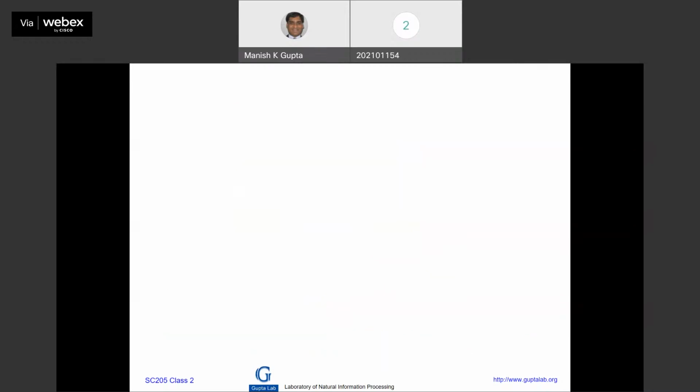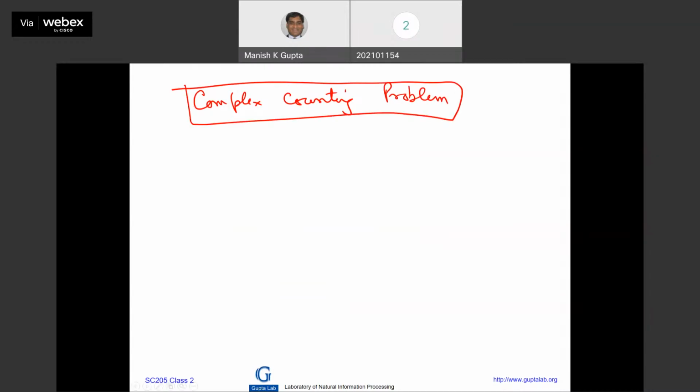These are the easy things. Now a complex counting problem. Suppose each user of a computer has a password from 6 to 8 characters long.